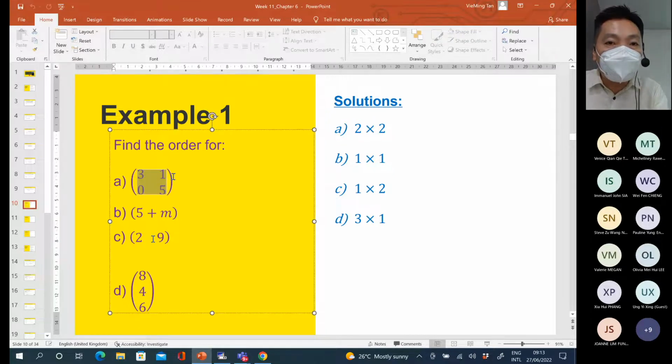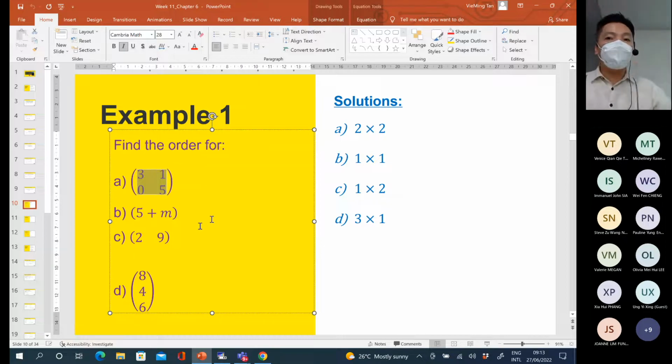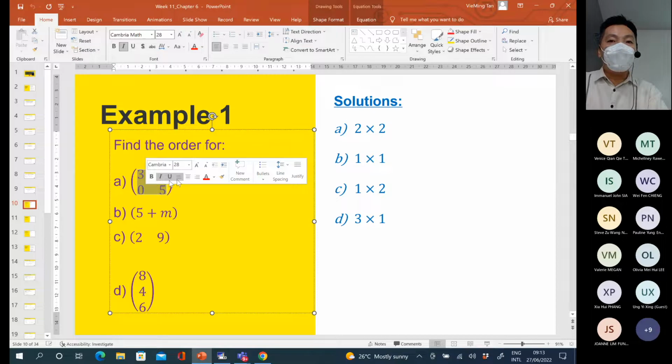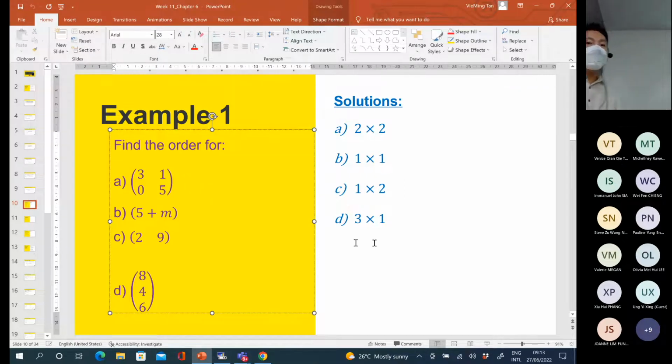This is the first row: 3, 1 is in the first row. 0, 5 is the second row. So there are 2 rows. How many columns? 3, 0 are in the first column. 1, 5 are in the second column. So this matrix is of order 2 multiplied by 2: 2 rows and 2 columns.